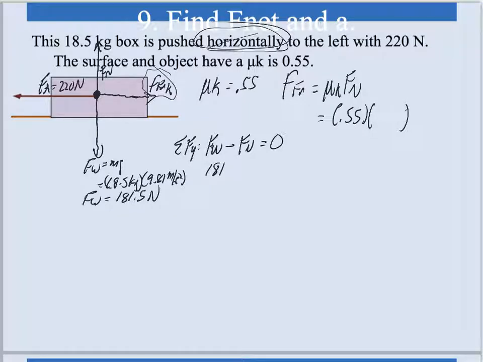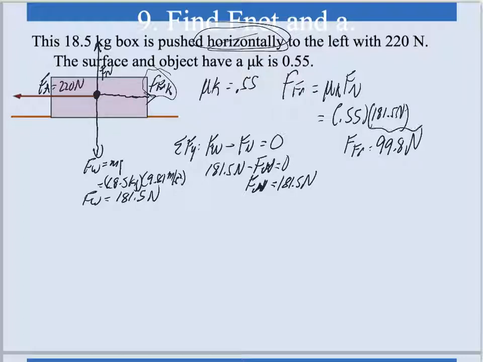And if the weight is 181.5 newtons, then the normal force is 181.5 newtons. So I'm going to plug that in right here, 181.5 newtons. And that means my friction force is equal to 99.8 newtons. All right, so we have what we need. We need that friction force, and now we have it.